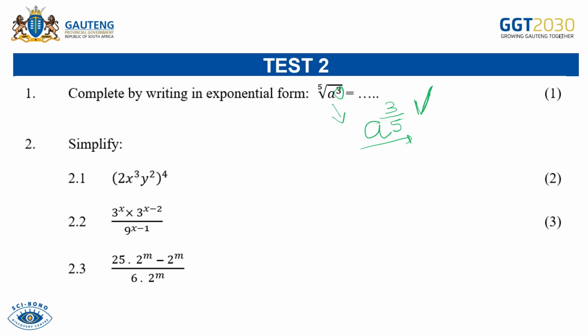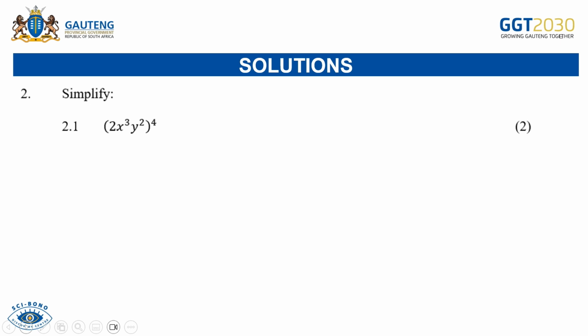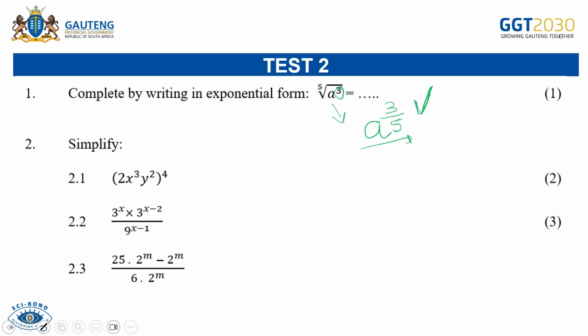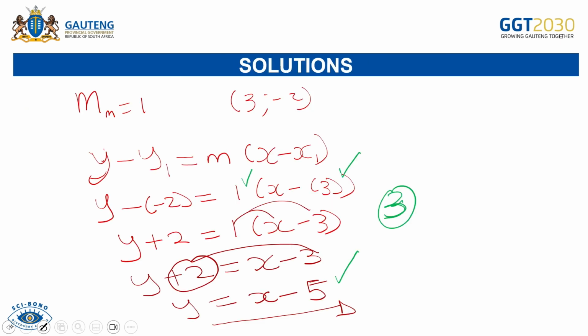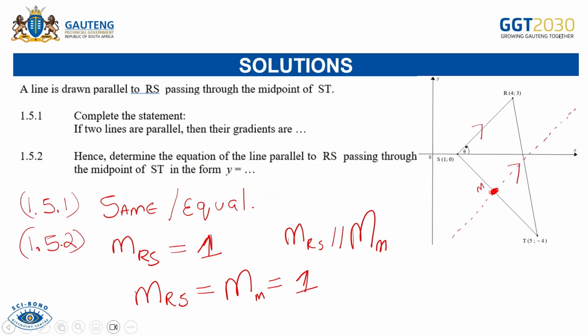Then you're looking at the second one where we simplify, and you have 3 sub-questions there that we need to do. So what I will do now is give you maybe 2 minutes to answer this one, before I continue there, okay.